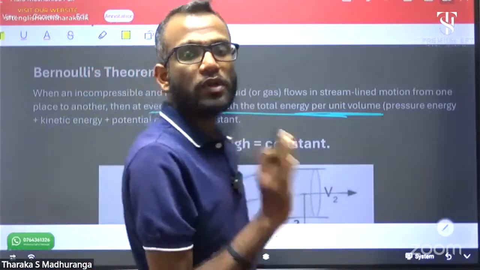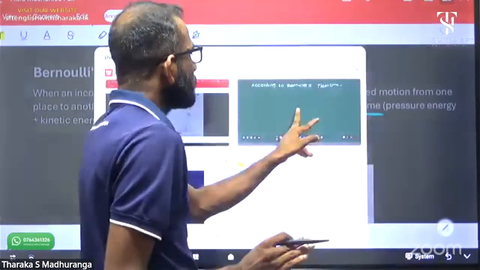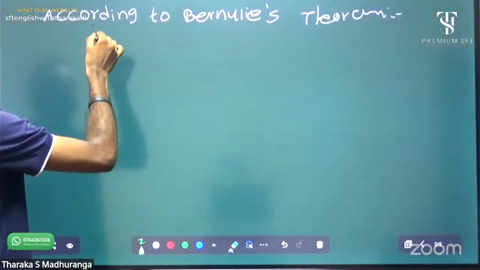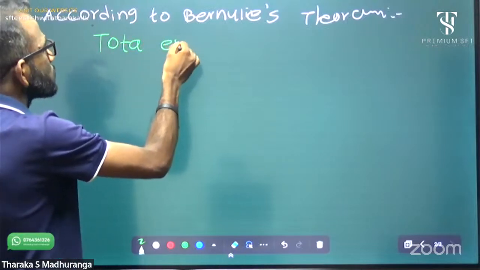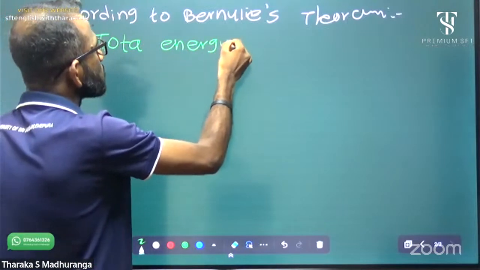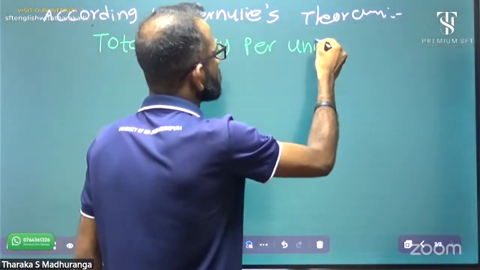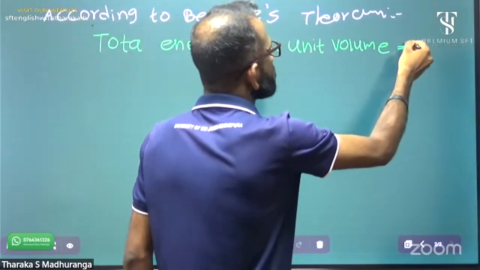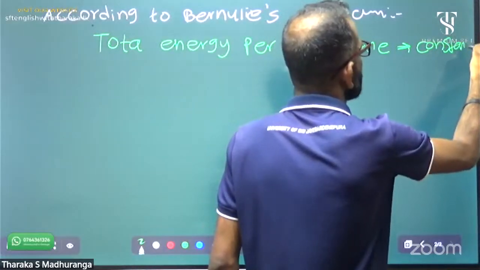According to Bernoulli's theorem, the total energy per unit volume is a constant value. Each point has the same value.